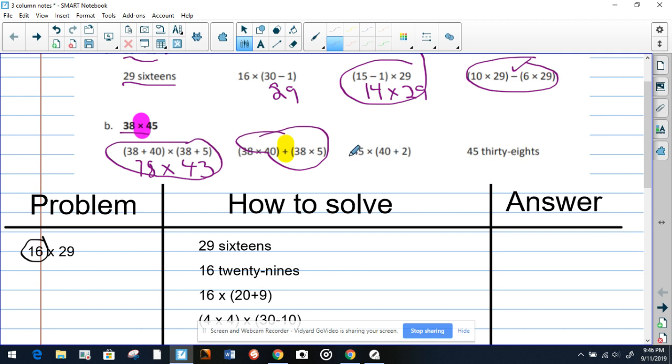Now this one says 45, which is a number that we have here. And 40 plus 2 will be 42. So 42 is not a number in our original equation, so this will be circled. Oh, and look at this. This one says 45 times 38. This one says 45 times 38. So we're going to leave that one blank.